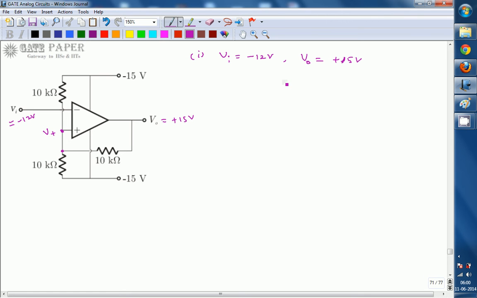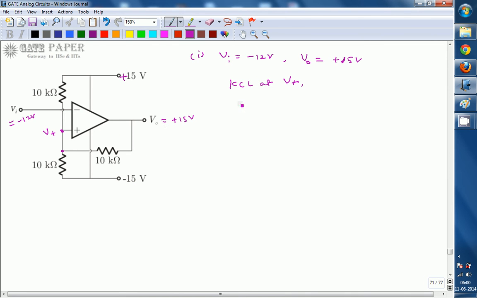Write KCL, Kirchhoff's current law, at the non-inverting node, that is at V plus. We will consider the first one, this is plus 15 volts, and next we will go for the minus 15, and later we will go for the V naught.